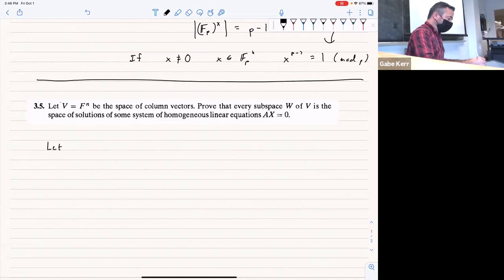So we have a finite dimensional vector space, a subspace of Fn.